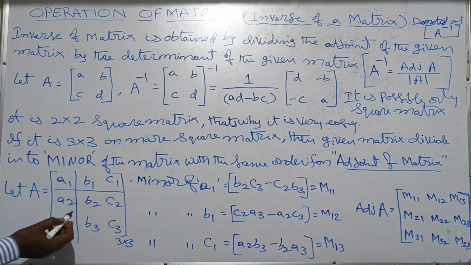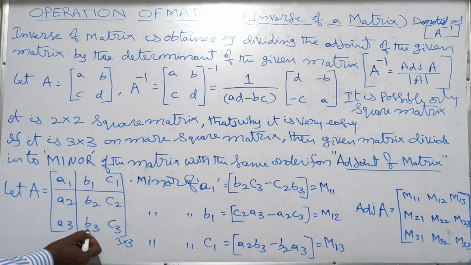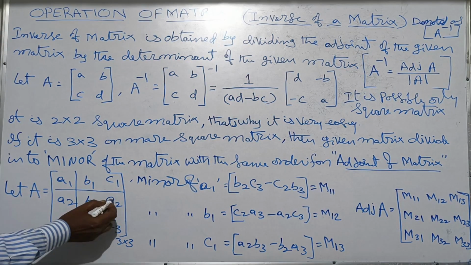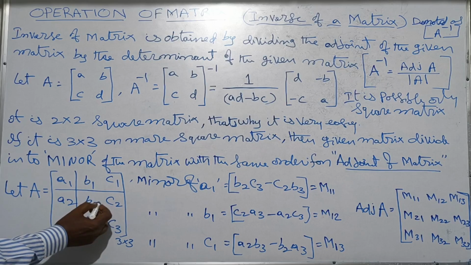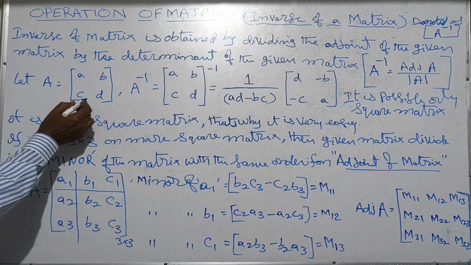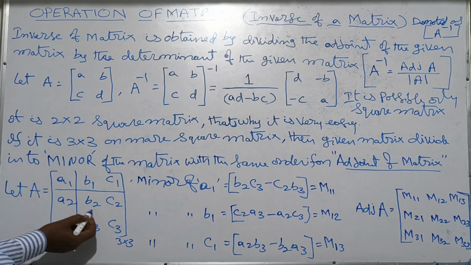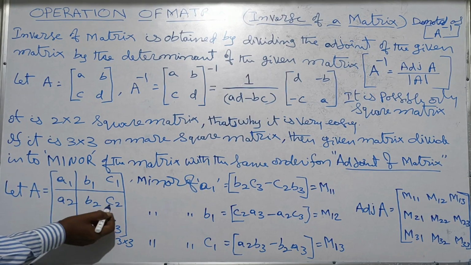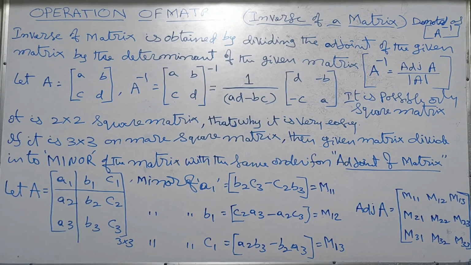For A1, B2, C2, B3, C3 is the minor of the matrix. So this minor became a second order matrix. Now it is easy to find the determinant: B2, C3 minus C2, B3.